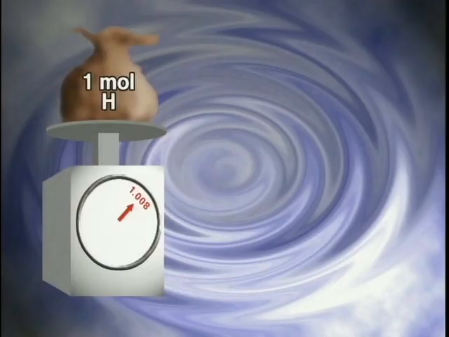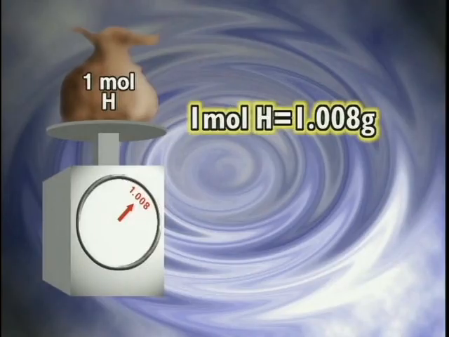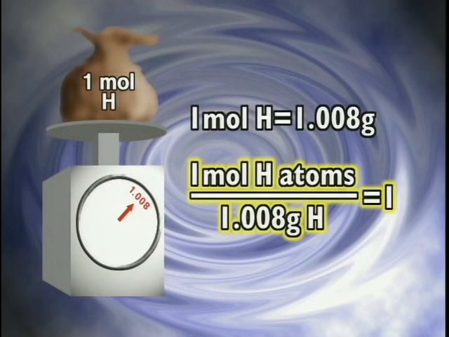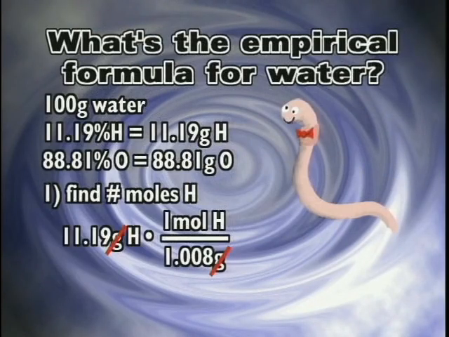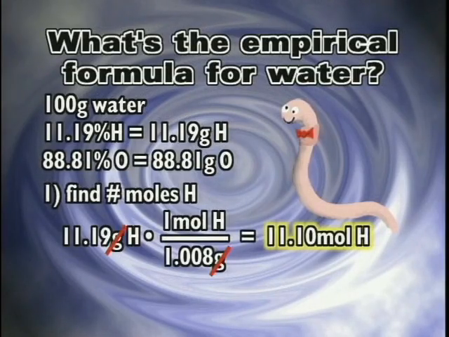See, if you weighed out 1 mole of hydrogen atoms, it would weigh 1.008 grams. So in effect, 1 mole of hydrogen atoms and 1.008 grams of hydrogen are the same thing. That's why it's like multiplying by 1. 1 mole of hydrogen atoms over 1.008 grams of hydrogen multiplied by our 11.19 gram sample of hydrogen gives us 11.10 moles of hydrogen atoms.